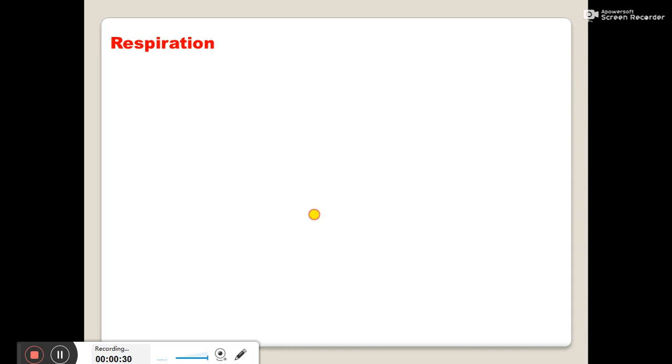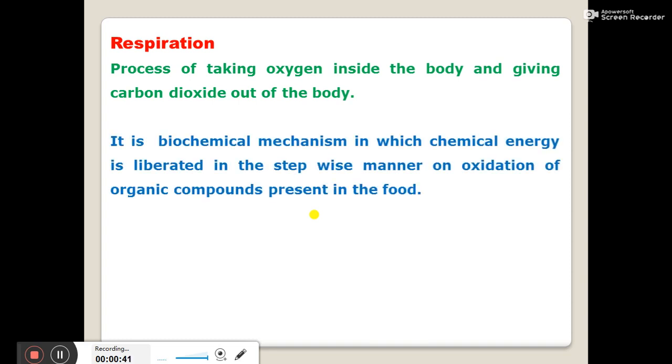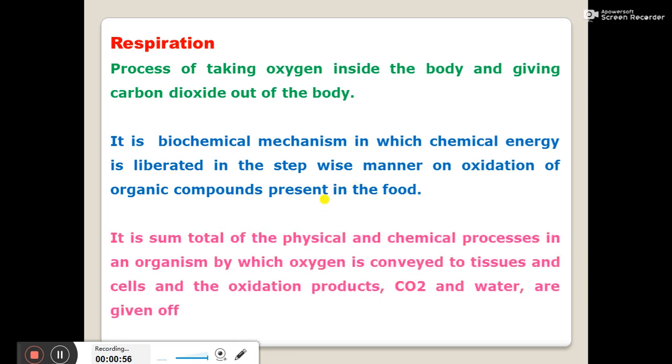So what is respiration? Respiration is nothing but a process of taking oxygen inside the body and giving carbon dioxide out of the body. Another definition states that it is a biochemical mechanism in which chemical energy is liberated in a stepwise manner on oxidation of organic compounds present in the food.